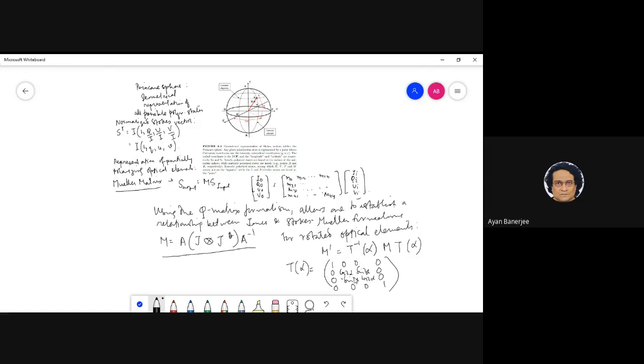Properties like diattenuation and retardance. Retardance is essentially what you have for a quarter wave plate. Diattenuation is an interesting thing: if you have any optical element which has different properties for vertical and horizontal input polarization, then that is a measure of diattenuation.